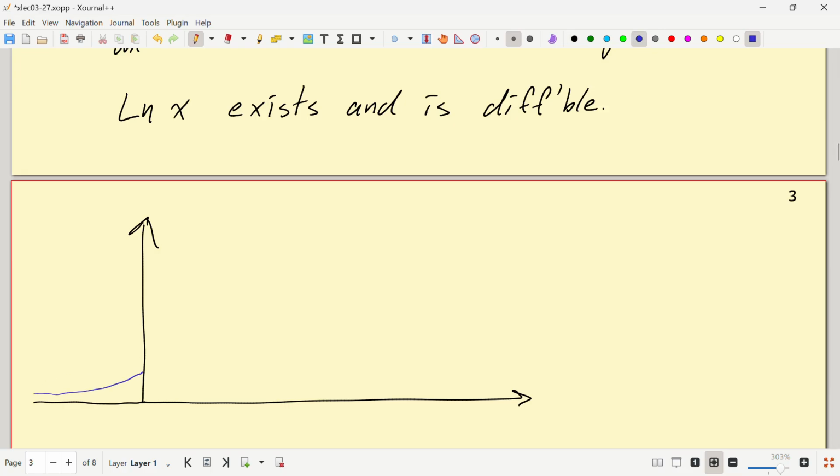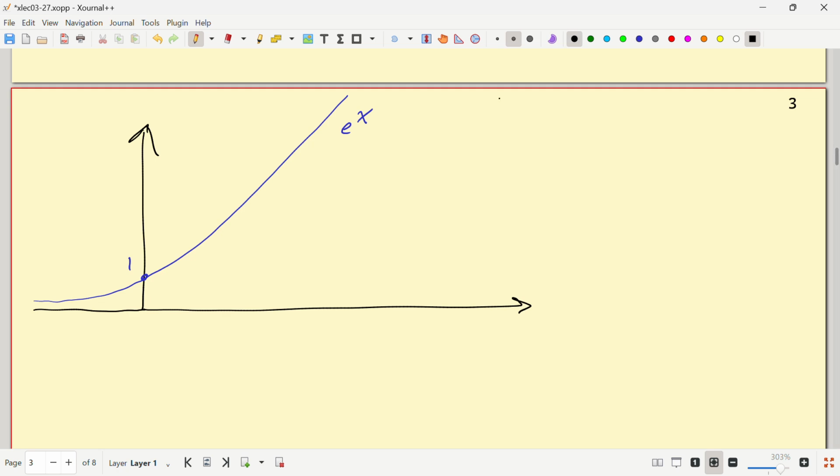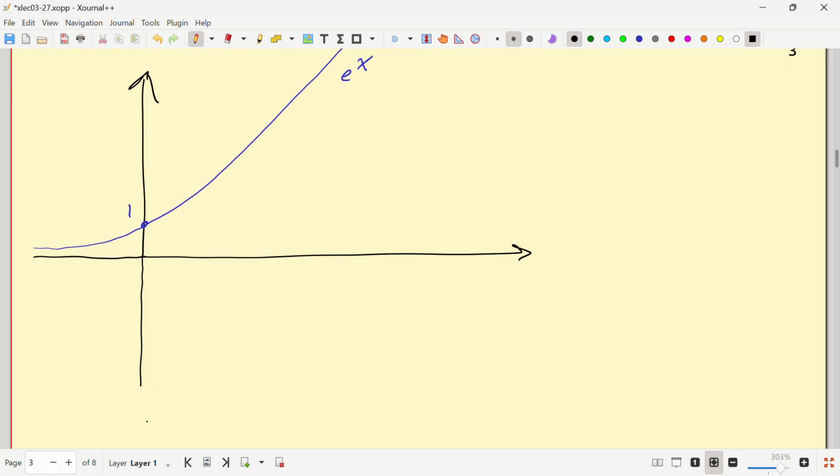It goes through 1, and then it gets gigantic. And the log function, if I want to graph it on the same graph, I would get it by reflecting about the line y equals x. And so the log function would look like that. These two things are symmetric about the line y equals x.